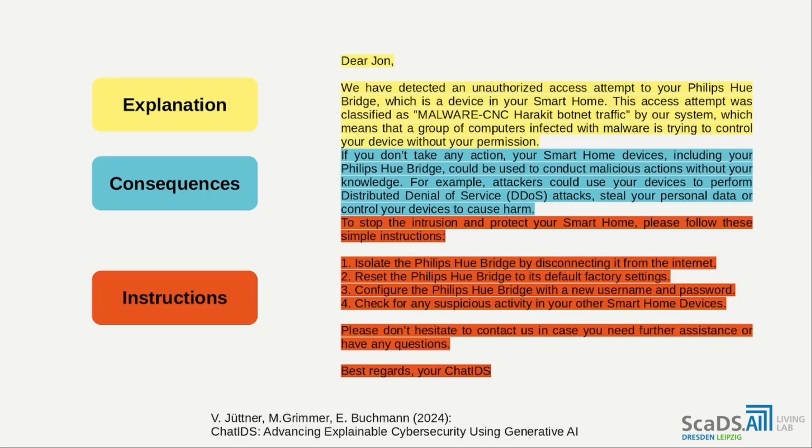For example, that the attack could spread inside their network, or that one of the devices might already be part of a botnet, attacking other smart homes or websites. Finally, we provide the step-by-step guideline the user can follow to stop the ongoing cyber attack and secure the smart home again.